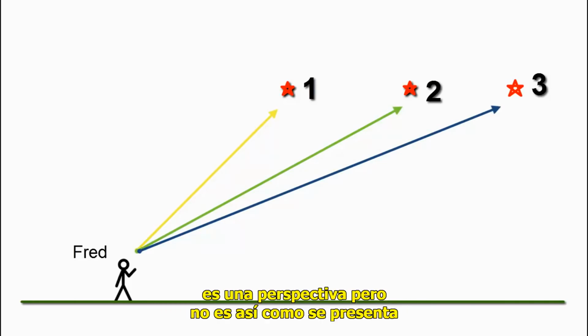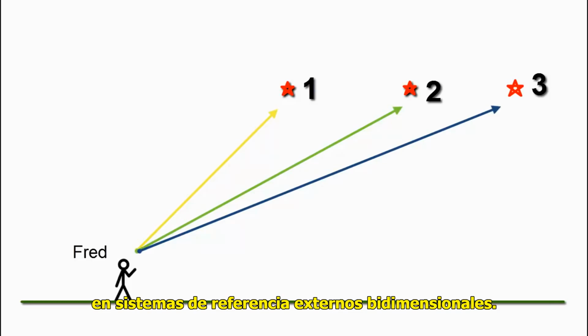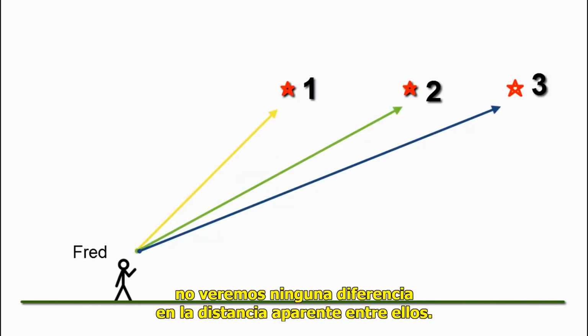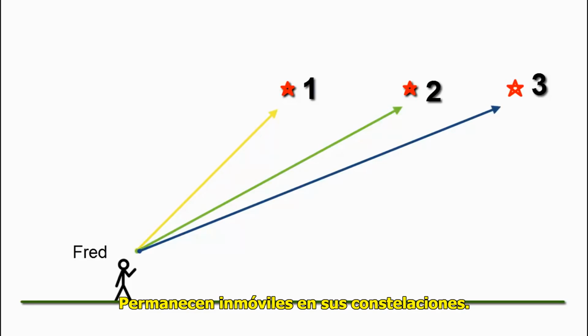This is perspective, but this is not how it is represented in two-dimensional external frames of reference. But we do know that this is a much truer representation of what Fred sees, or anyone sees, because as the stars travel overhead, we will not see any difference in the apparent distance between them. They remain fixed in their constellations.